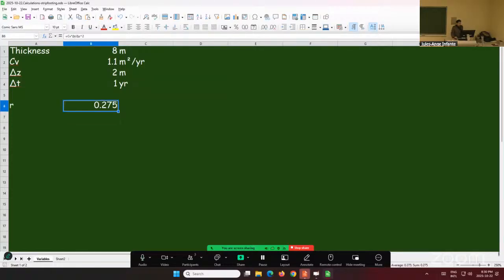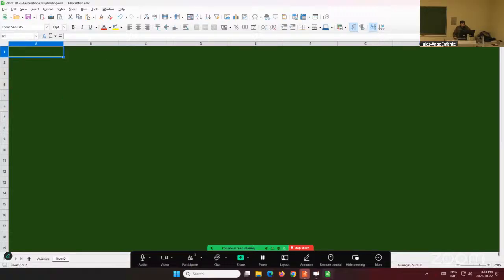More than 1.5, so we're good. And we are now going to look at the stress distribution with depth, so here let's look at the depth.